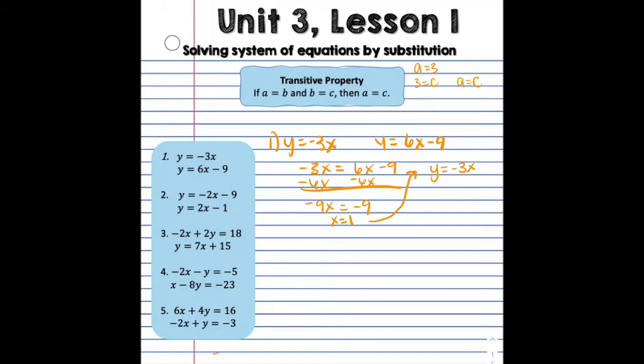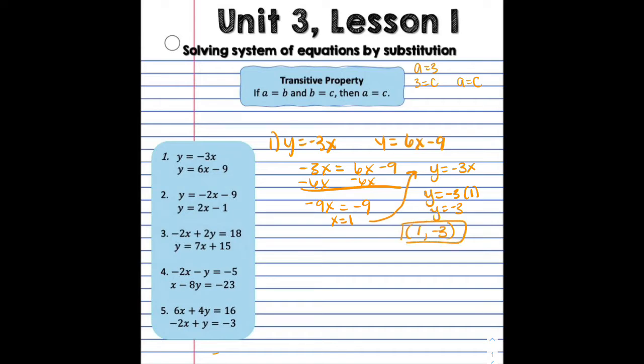So for y equals negative 3x, I can figure out what y is by plugging in x equals 1 for x. So we have y equals negative 3 times 1, so y equals negative 3. So my solution for both of these lines should be 1, negative 3.